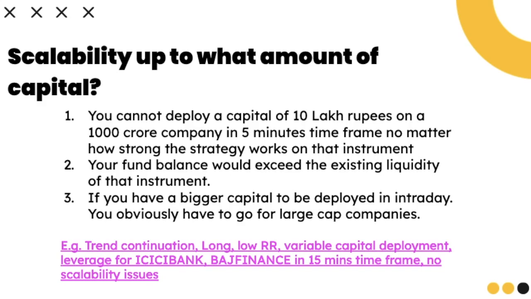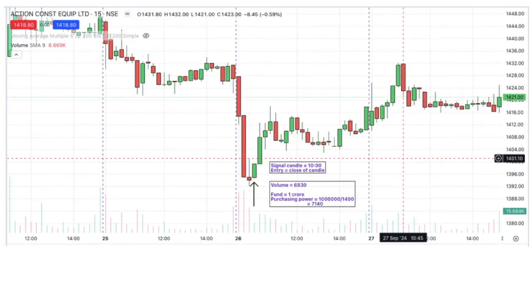I'm referring to this example of the Action Construction Equipment stock. You can see here the signal is generated on 26th of September at 10 o'clock and the entry is at the close of the candle. But if you see, the volume of that candle is 6,830.